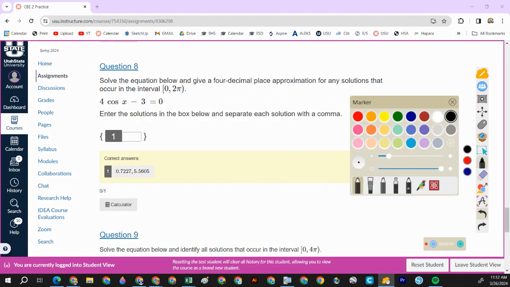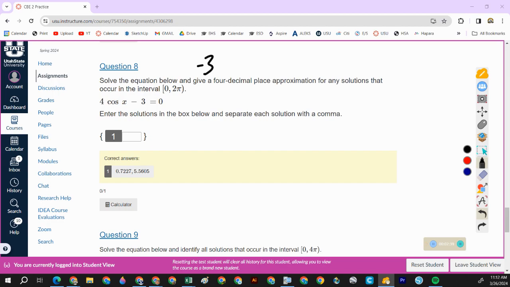What if I had -3 sine of x is equal, no, plus 5 equals 0? Oh, nope, let's say -5. Nope, +5. I like that better.